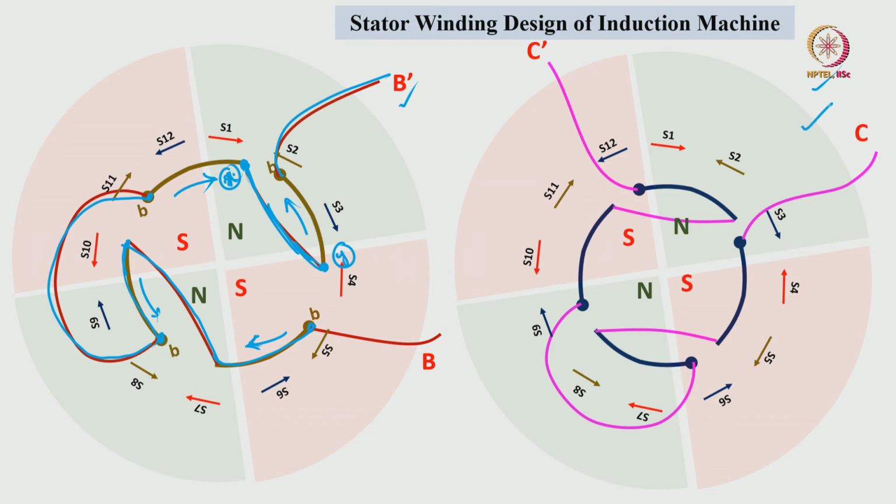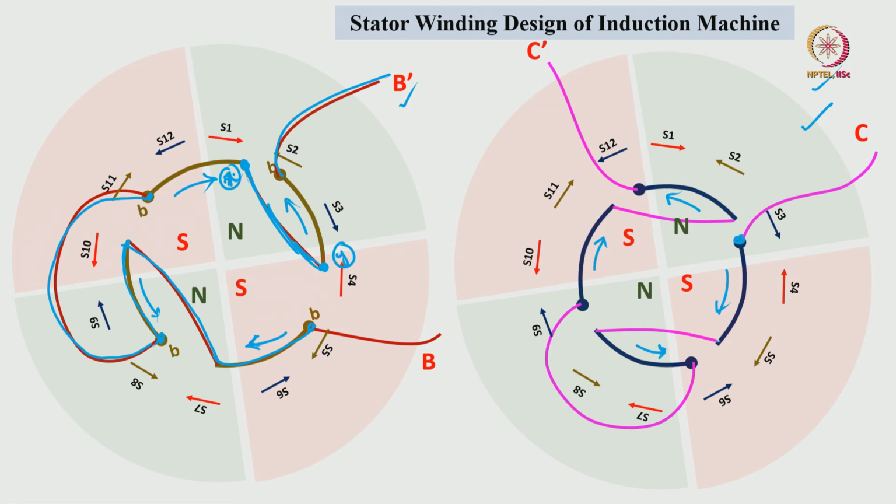This is C phase. Here also in the same manner, I am considering this is the starting point S3, same arrows, one will be forward, one will be backward. So, with respect to the arrow representation we will connect the coils.